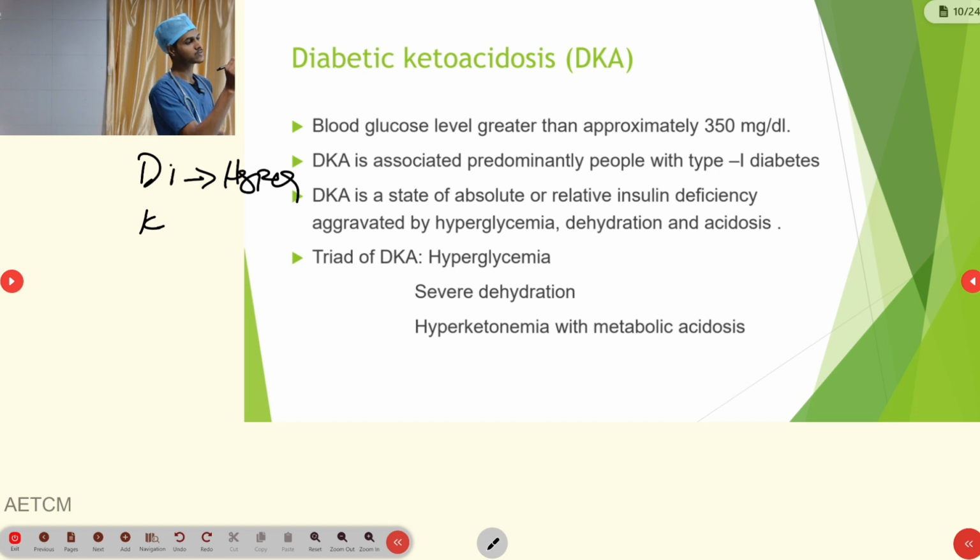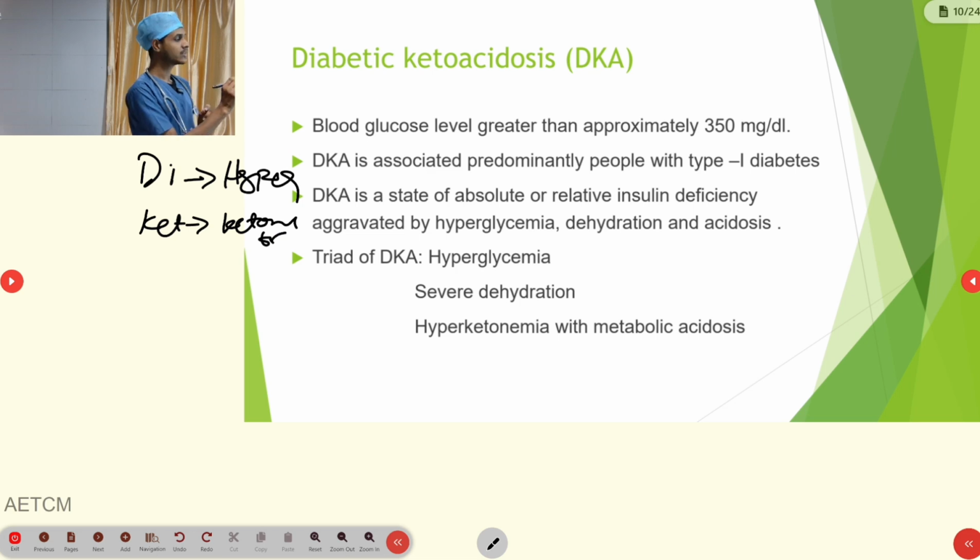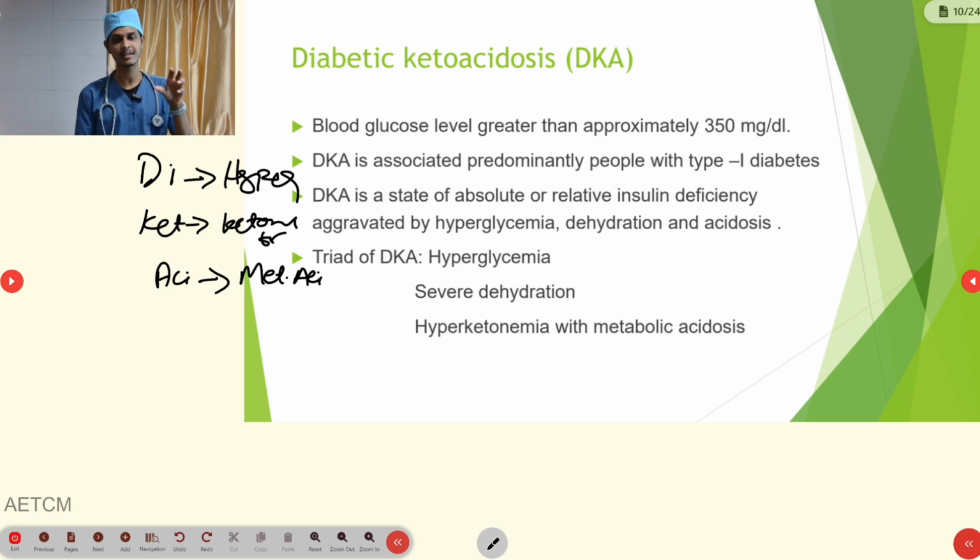And then ketone: if you are checking the blood investigation or if you take the urine sample, there you can find the ketone bodies. Ketone bodies trace will be there, and then you will have acidosis, means the person will have a metabolic acidosis. So these are the three entities that will occur in diabetic ketoacidosis. First one hyperglycemia, and then ketone, and then metabolic acidosis.